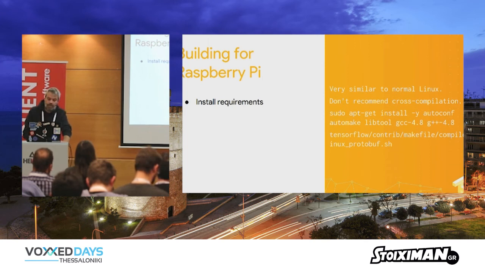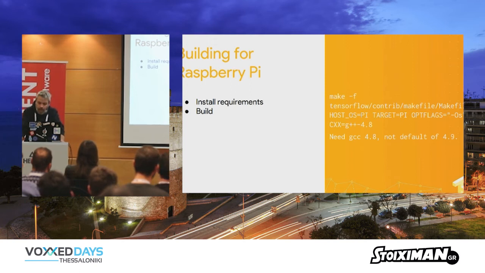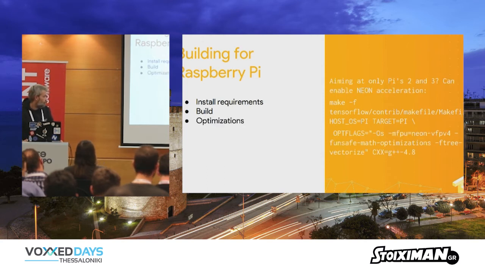They've been covered up, but I recommend you downgrade to 4.8 in order to have a smooth experience. So once you have the dependencies installed and a protobuf build, you can build the main library using make. You just run this makefile. Again, 4.8, really remember it. And you're set up.